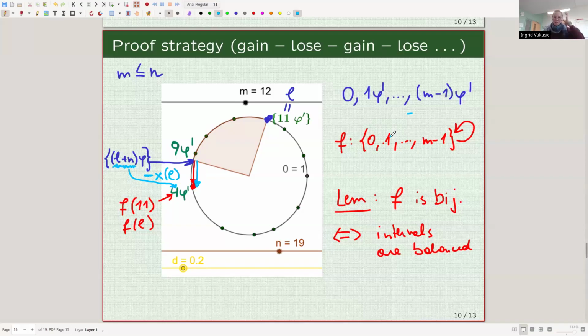And that's where Ostrovsky representations come into play, because we know the integer x of L has to be in some range. I'm not going to write down the details, but the range depends on m, on n, and on L. It's some range of integers that we can pick from. But within this range, we need to pick the one that causes the minimal shift to the right.